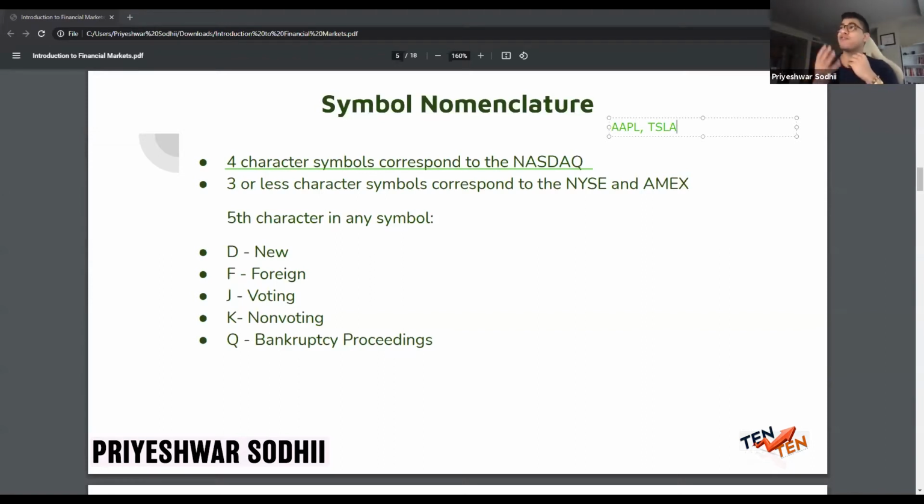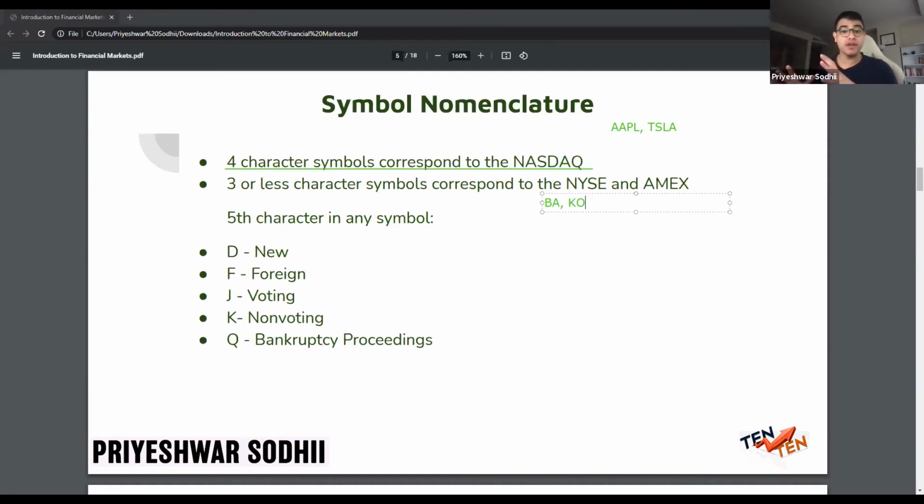So if there are four characters in the ticker, remember this, it is listed on NASDAQ, okay? If it is three or less, your Boeing, your Coca-Cola, things like that, those are listed on the New York Stock Exchange and Amex, okay?